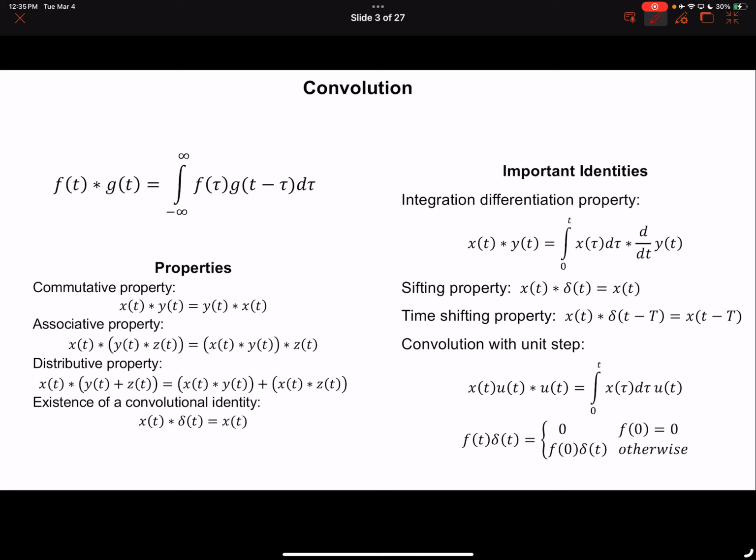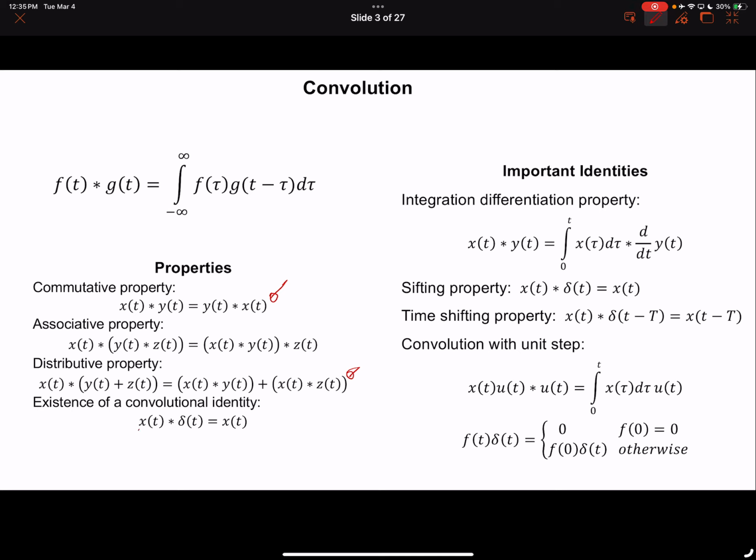We went over convolution, and like I just said, it's commutative, meaning that it doesn't matter which one gets the t and which one gets the t minus tau. It's also associative, so you can do it in any order you want. And also it has a distributive property, so it behaves pretty much like addition or multiplication.